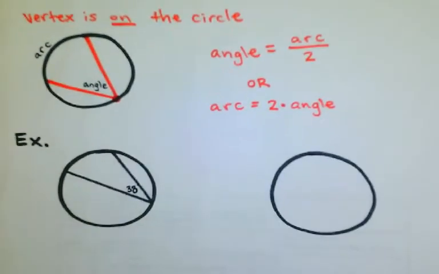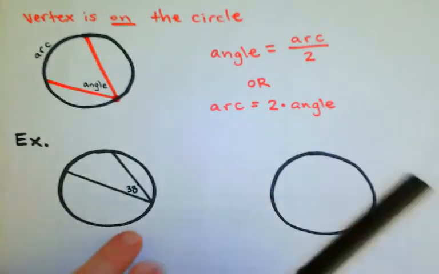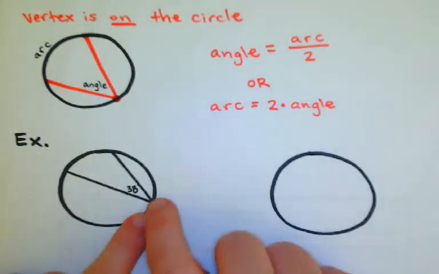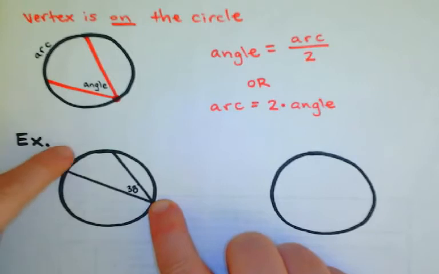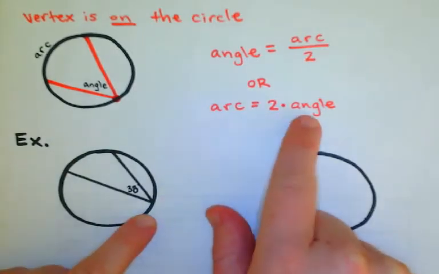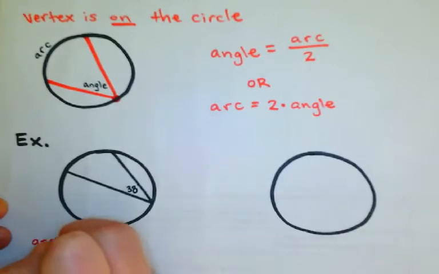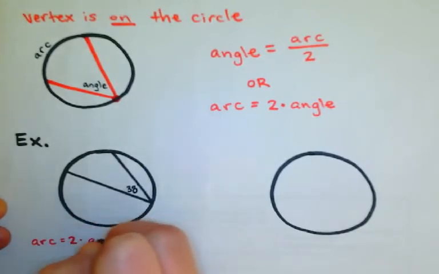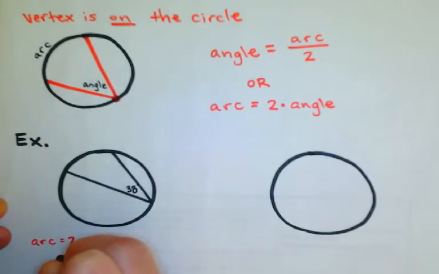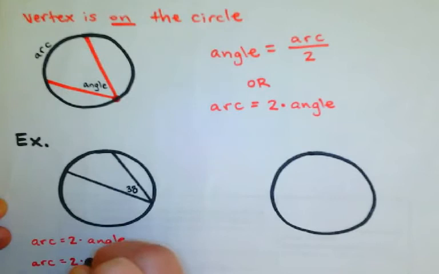So this is 38 degrees. All right? So if we know that our vertex is on the circle, to find our arc, we're going to take 2 times our angle. So if we know that our arc is equal to 2 times our angle, all we're going to do is plug 38 in place of that angle.